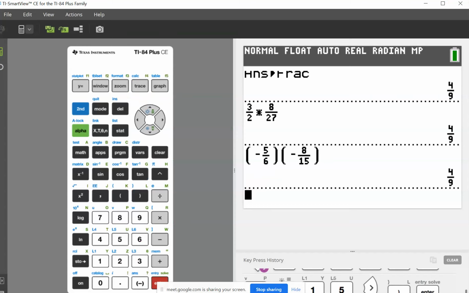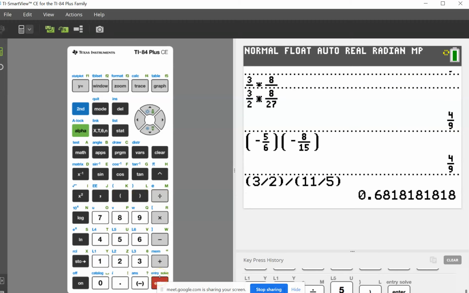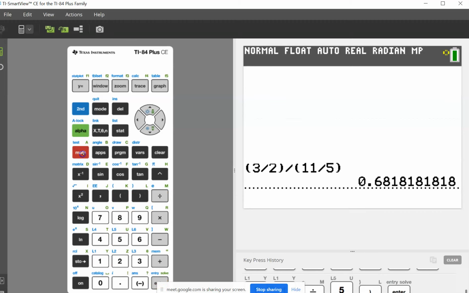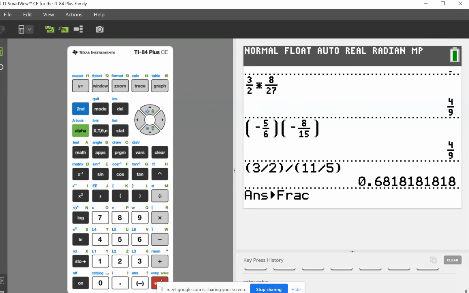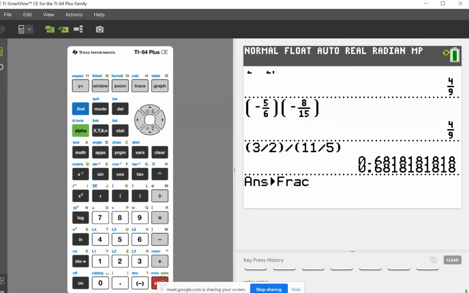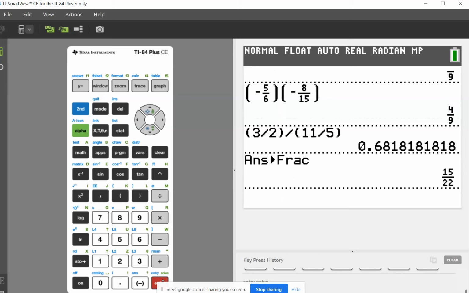So if I'm going to do this, I'll type it in both ways, 3/2 divided by 11/5. That's how I would type it in if I use the parentheses. Math, enter, enter. 15/22.